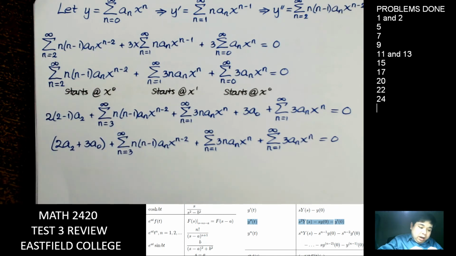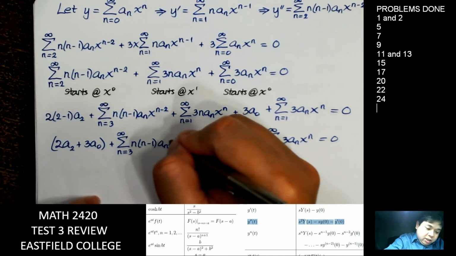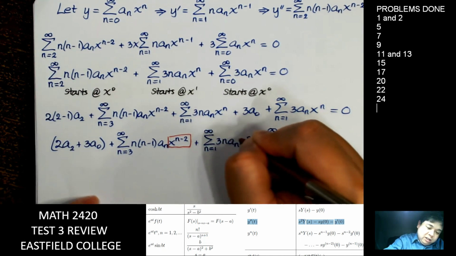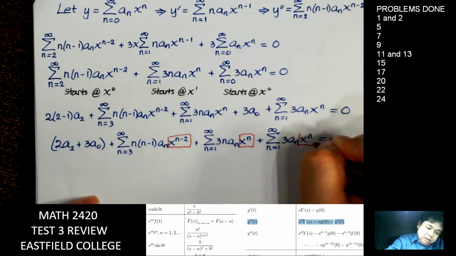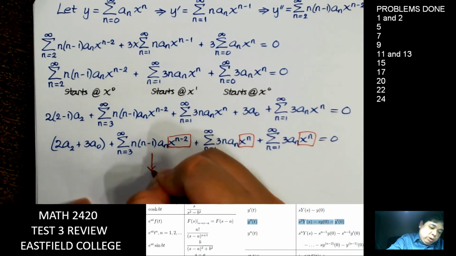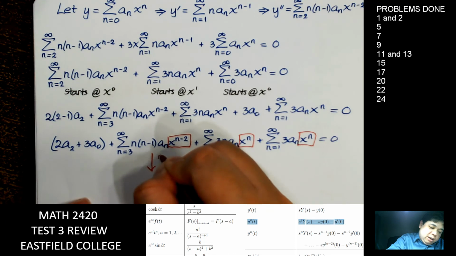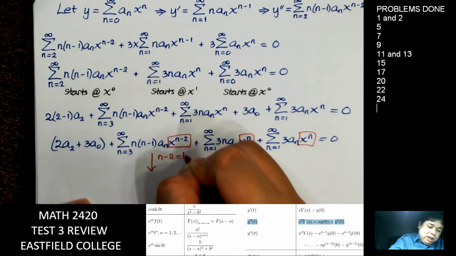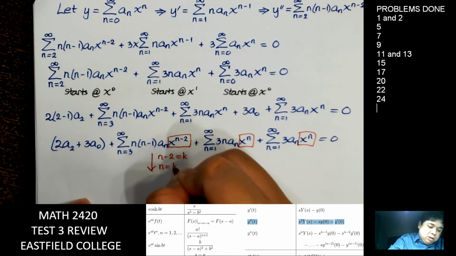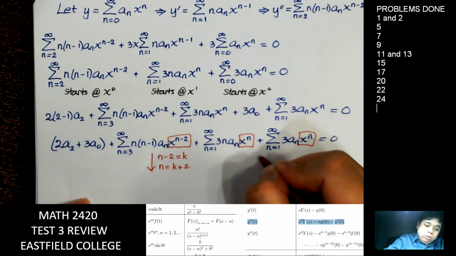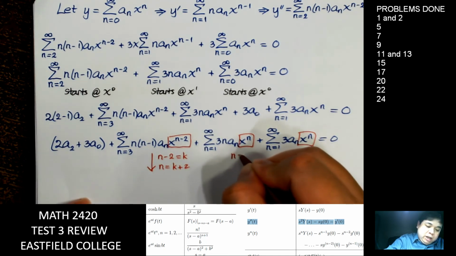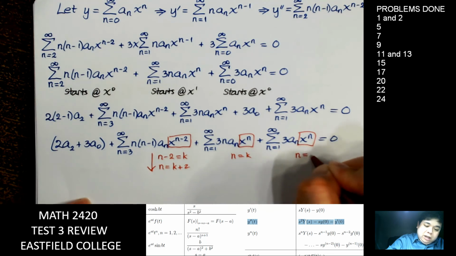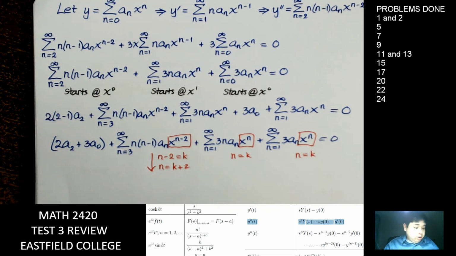Right. Next, we match all of this to x to the k. With that, we will have n minus 2 equal to k, or n equal to k plus 2. This is easy. We just let n equal to k, and then we don't need to do much.